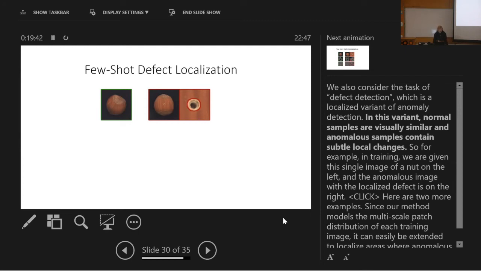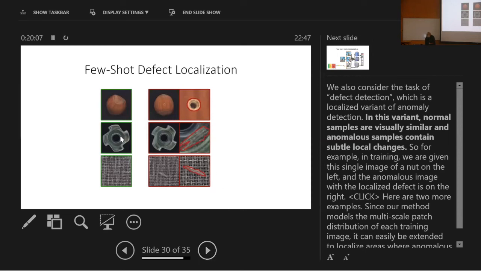Here you see the training image on the right, and the small image is an anomalous image that has a little localized defect. Since our model is trained to model the multi-scale patch distribution, it can easily extend to localized areas where anomalies occur.